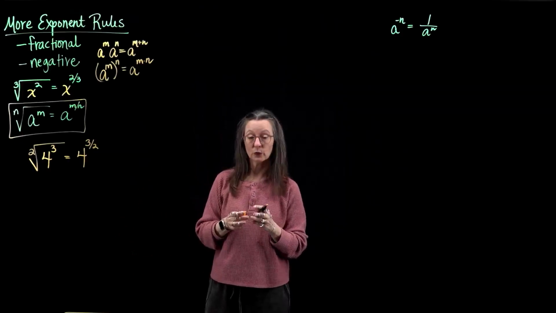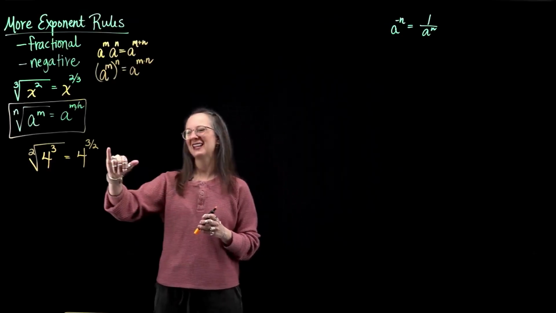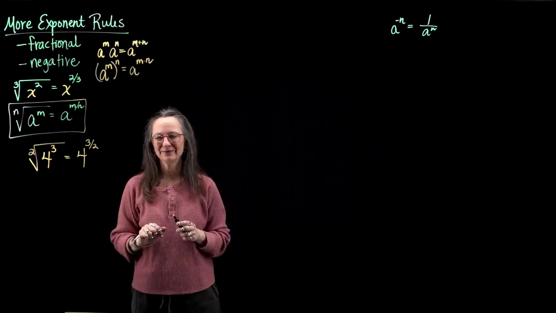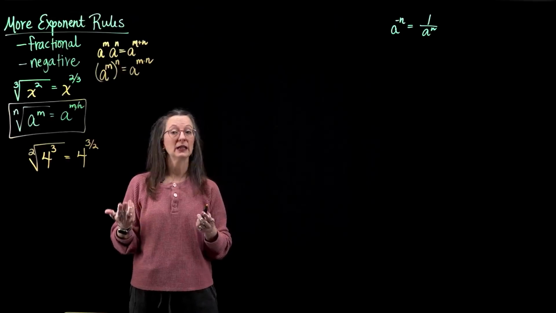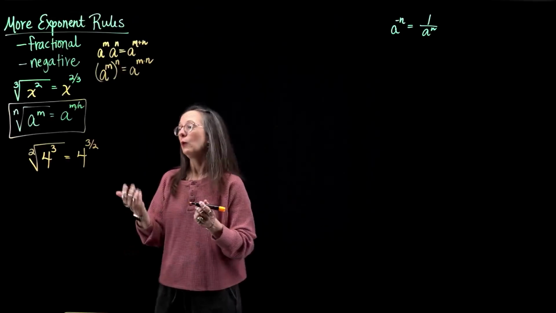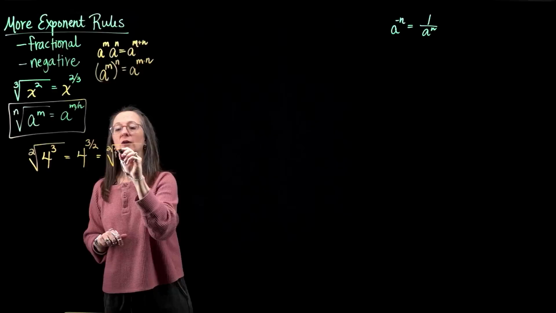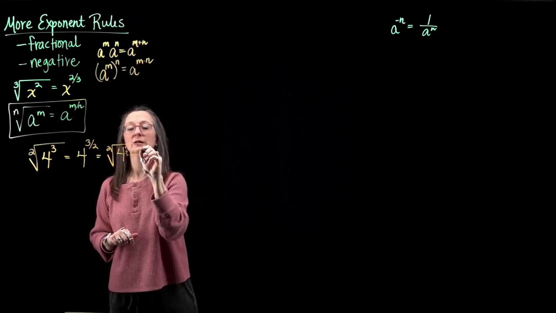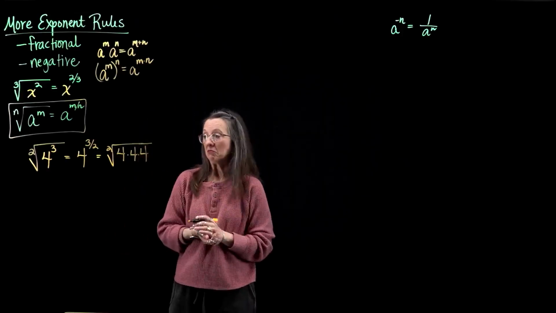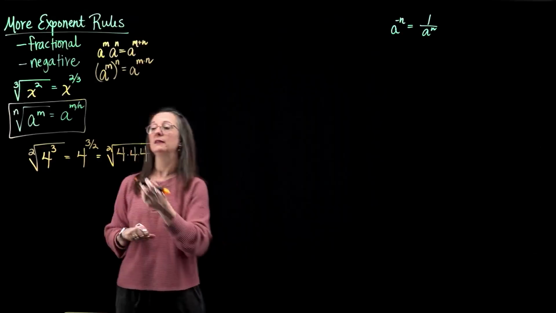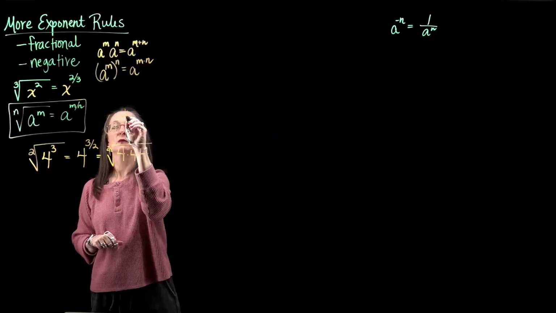Many calculators will evaluate this for you, provided that 4 has a perfect square root. But we can think about it in a lot of different ways. We can think about it as the square root of 4 times 4 times 4. That would be thinking of it as 4 cubed raised to the 1/2 power.